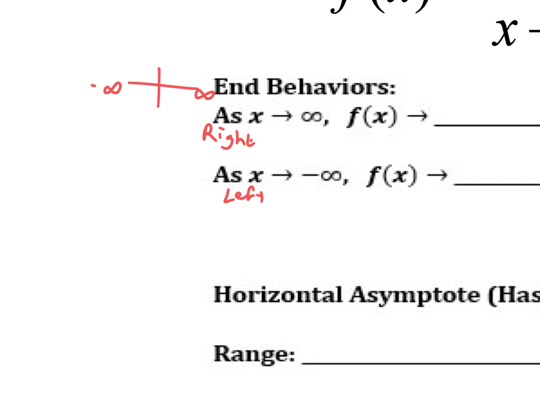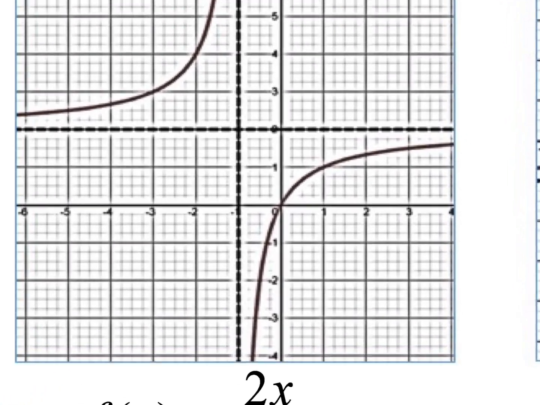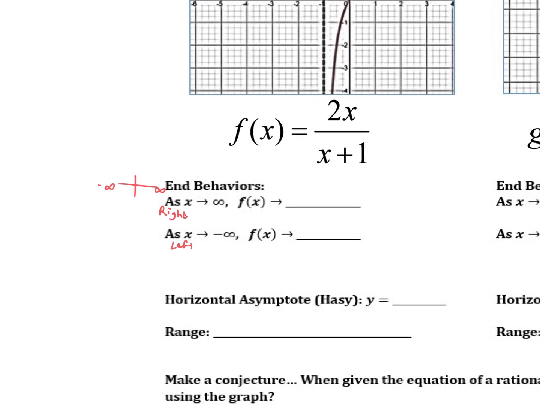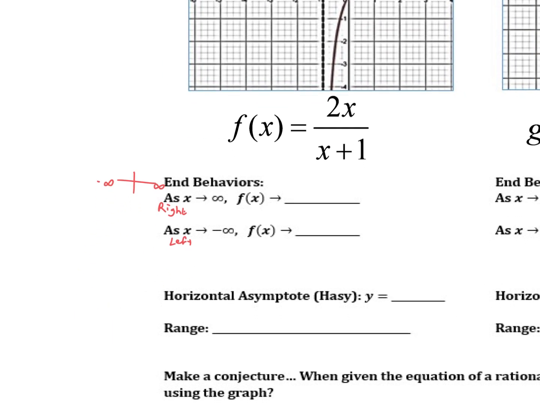So let's look at our graph here. As we go forever to the right, this graph is getting infinitely closer to this horizontal asymptote, which has a value of 2. If I go forever to the left, same thing. It's getting infinitely closer to a value of 2. So as we approach negative or positive infinity, our graph is approaching a y value of 2.